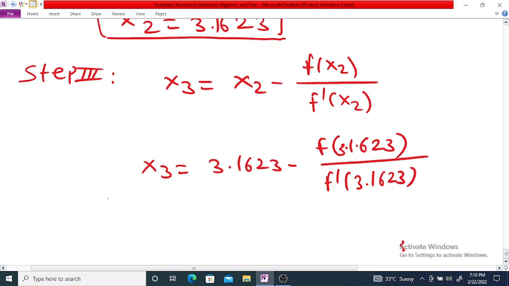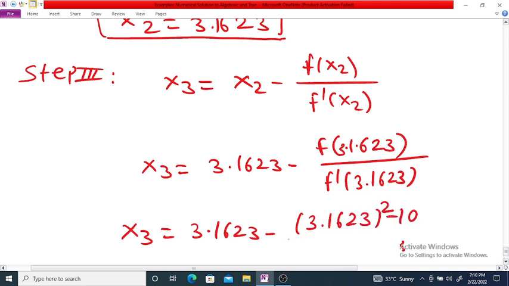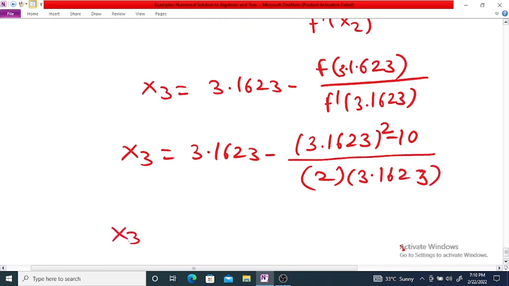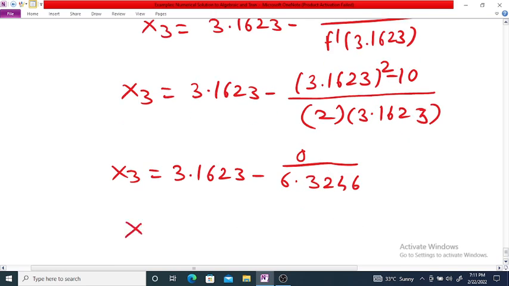So x3 is equal to 3.1623 minus, what is f of x? It is x square, 3.1623 square minus 10, divided by twice x. Twice x is what? 2 times 3.1623. So if we solve this, x3 is equal to 3.1623 minus 0 divided by 6.3246. So x3 is equal to 3.1623 minus 0.